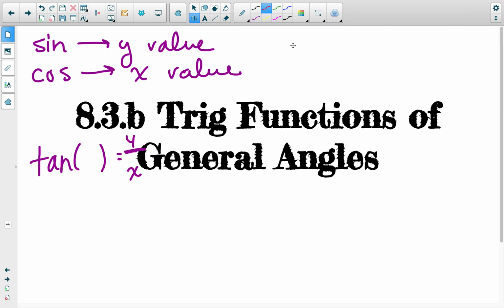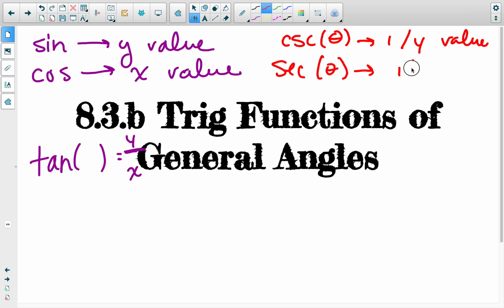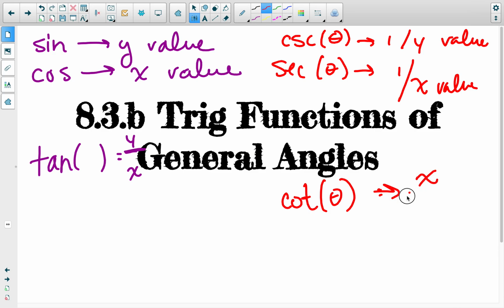So it then follows that the reciprocal functions, so cosecant of some angle theta, is asking for 1 divided by the y value. Secant of some angle wants 1 divided by the x value. And then tangent's reciprocal, cotangent of some angle, wants the x coordinate divided by the y coordinate, okay?